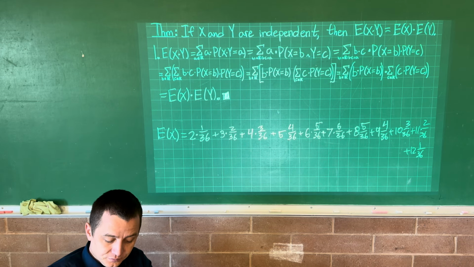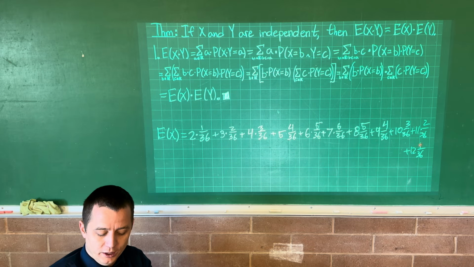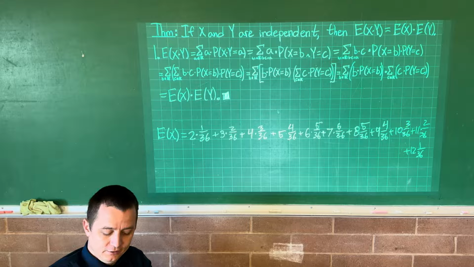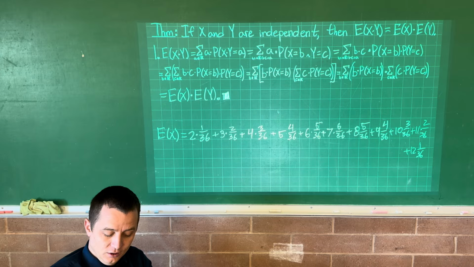I don't know which way is easiest. Probably starting in the back. So 12 times 1 is 12. Okay, 2 times 11 is 22. So 12 plus 22 is 34. Plus 30 is 64. Plus 36, 100. Plus 40, 140.